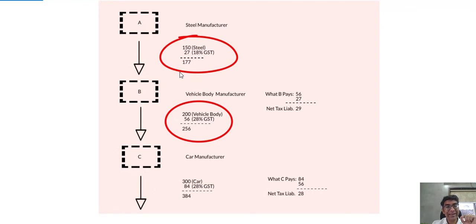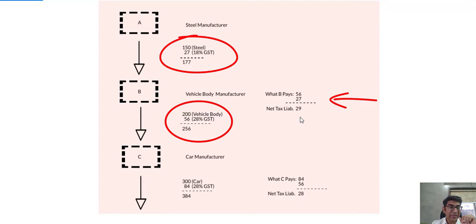And what he is entitled to do is reduce his liability of 56 rupees with 27 rupees, and pay the government a net liability of 29 rupees.